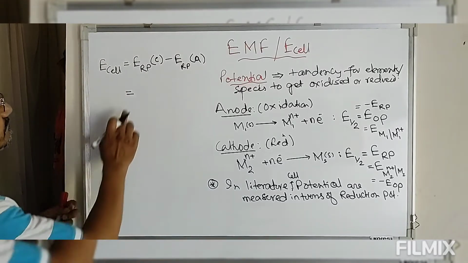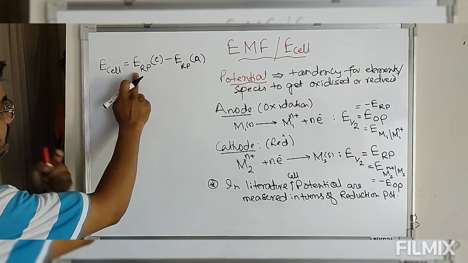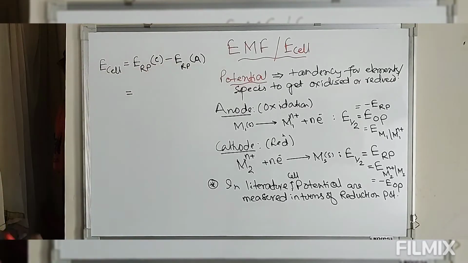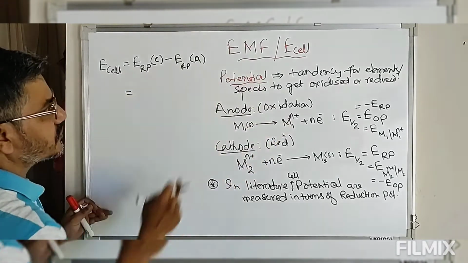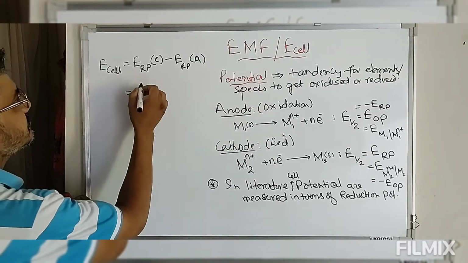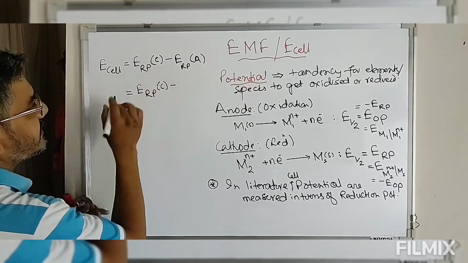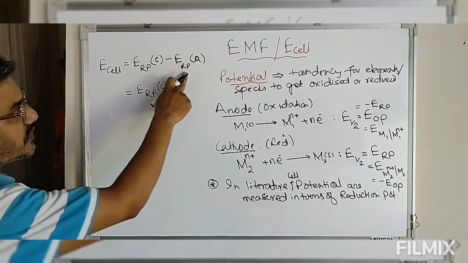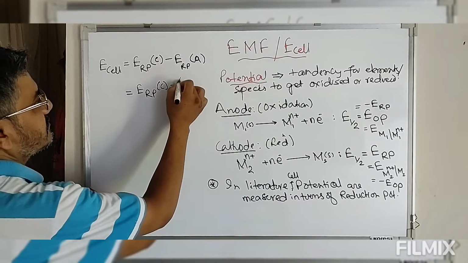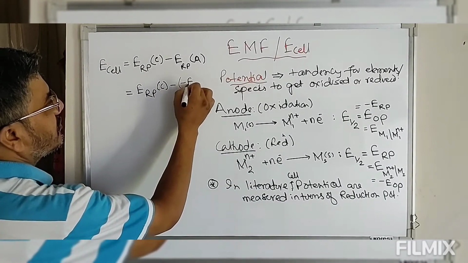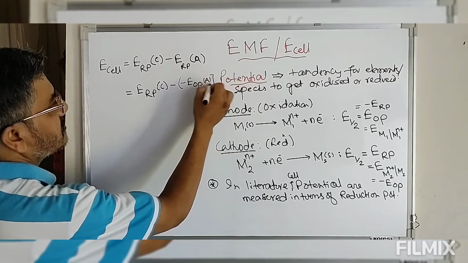So now look at this. This is the standard definition: reduction potential of cathode minus reduction potential of anode. Since reduction potential is equal to minus oxidation potential, we can also write reduction potential of cathode minus, and the reduction potential of anode can be written as minus the oxidation potential of anode.